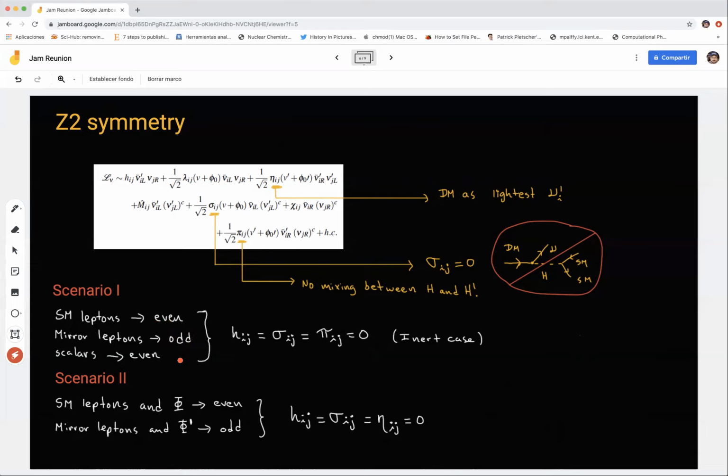The difference arises from the assignment for the doublets. In scenario 1, both doublets are even, while in scenario 2, the standard doublet phi is even, meanwhile the prime doublet is odd.